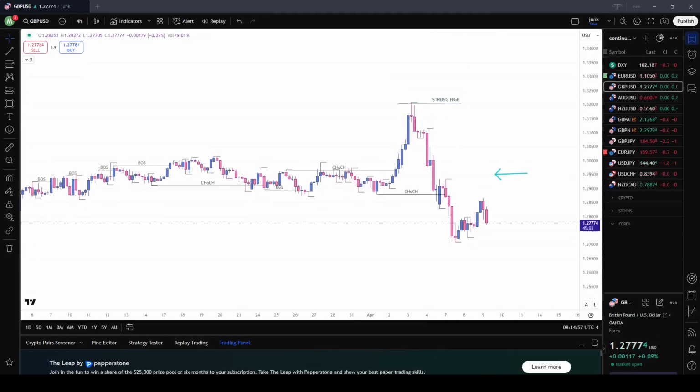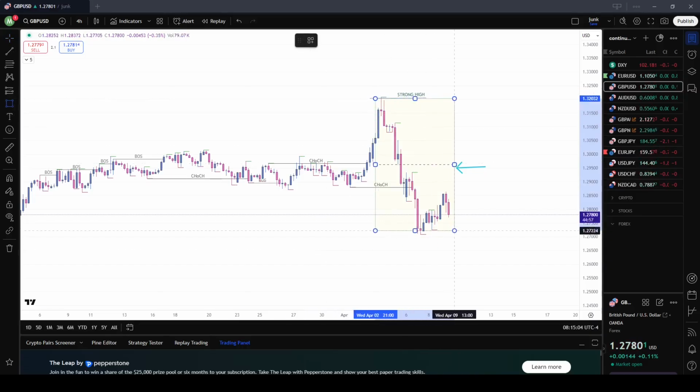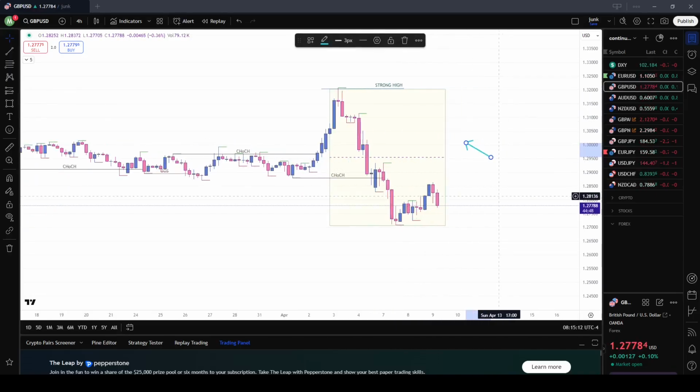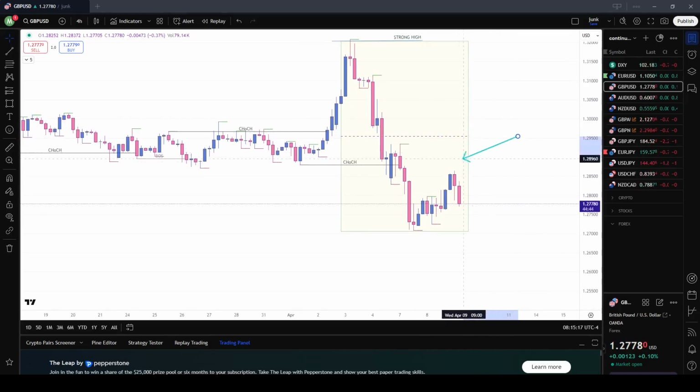GBP USD. As I was saying before, let's go map out the current range. As I was saying before last week, on a weekly viewpoint, consider this a liquidity sweep. So I'm only looking for shorts in GBP USD, pound dollar.